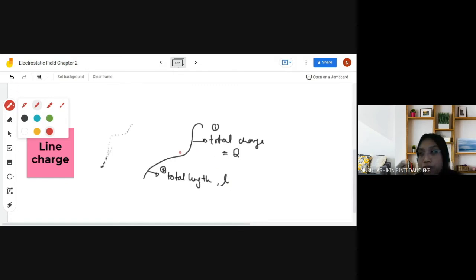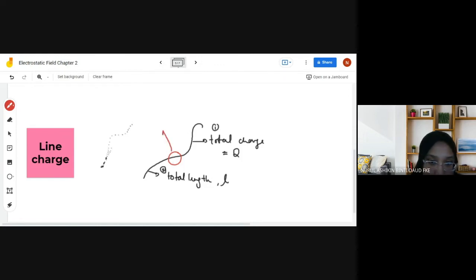In order to evaluate this line charge, since it is big in structure, we will take a sample of the structure. For example, I take a sample of this line charge structure at this point. So it will be the sample at this point.